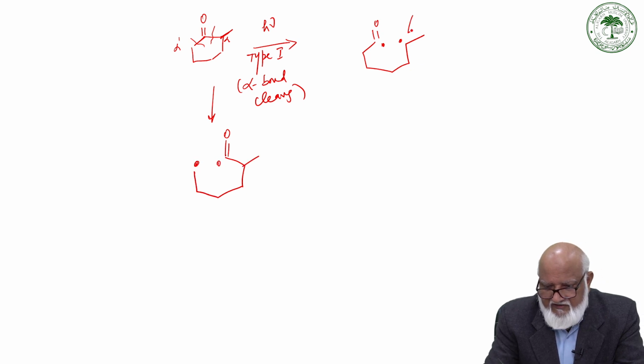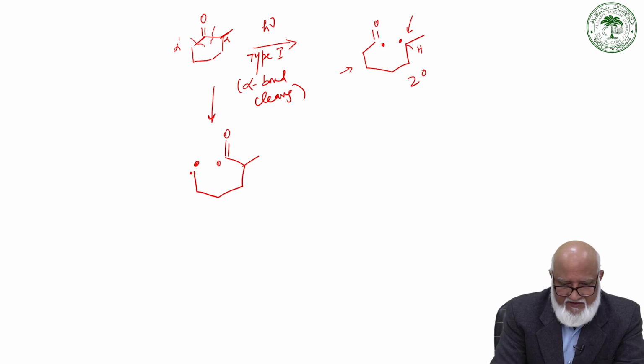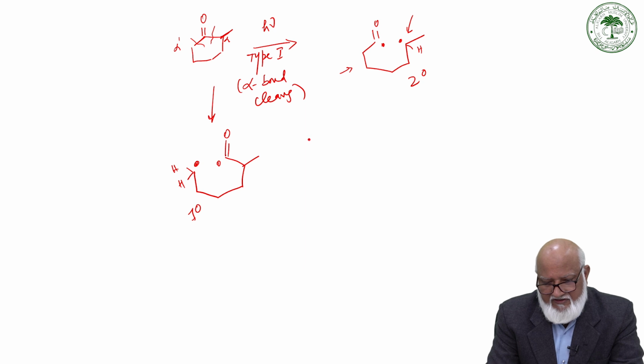As far as the stability of the acyl radical is concerned, in both cases it is more or less the same, but the stability of the carbon-centered radical is going to decide. Of course there is an H here. This is a secondary radical, and this is a primary radical. We know that the order of stability of radicals is tertiary more stable than secondary, more stable than primary, more stable than methyl radical.